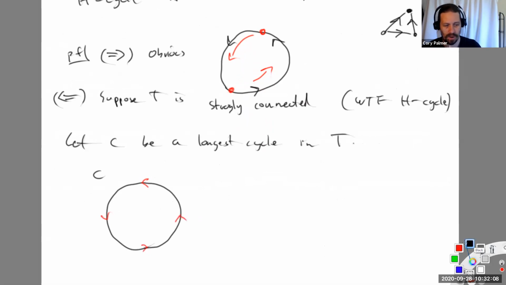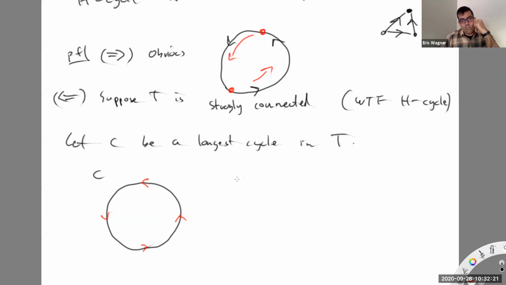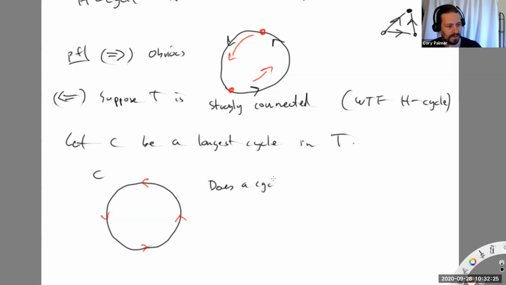Okay, so we draw this. There's an immediate question to be asked, right? Whenever we talk about a longest substructure, what's the first thing you have to clarify? Show that any of them exist. Yeah, is there even a cycle at all? So does a cycle exist?